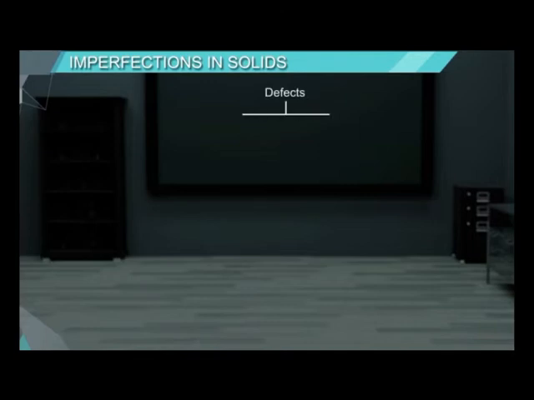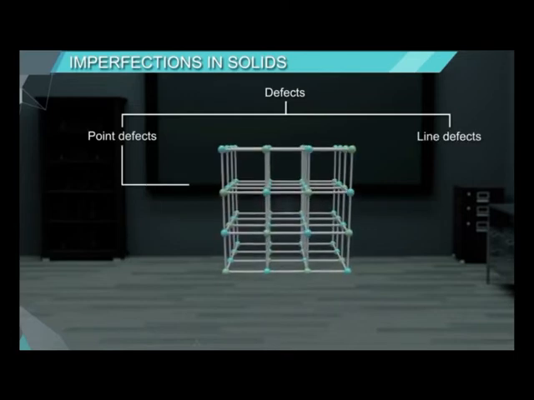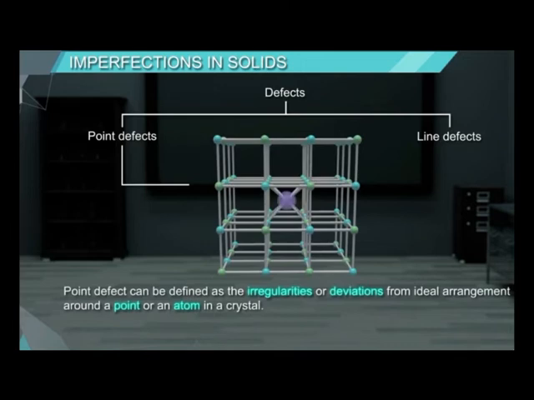Defects can be classified into two types: point defects and line defects. Point defect can be defined as the irregularities or deviations from ideal arrangement around a point or an atom in a crystal.